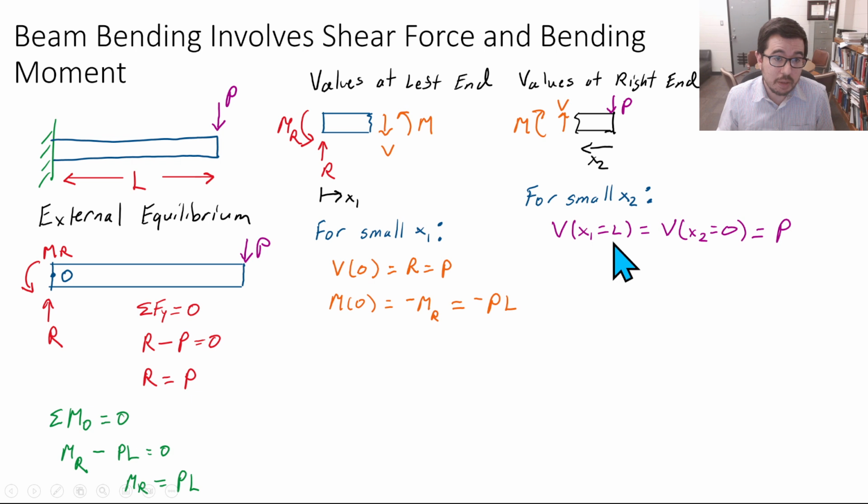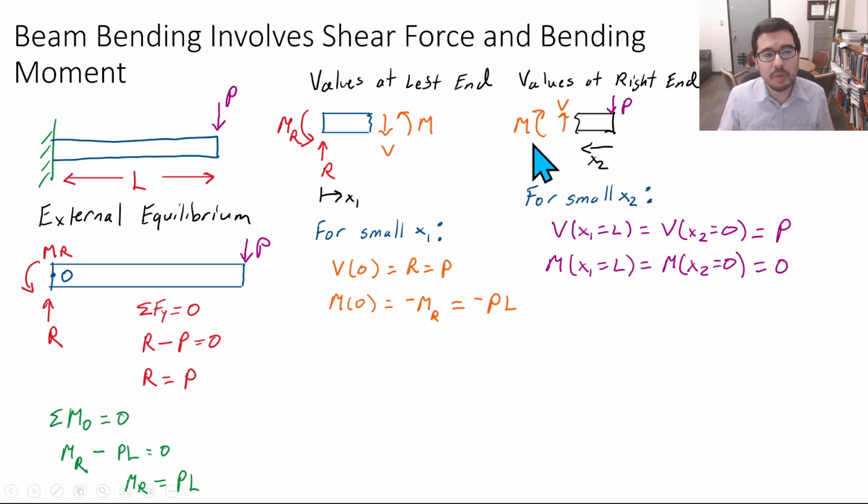So V at the right is equal to P. And just pointing out here that you could think of it as V of x1 if you're using this side, x1 equal L. Or if we're going from the right side, x2 would be equal to 0. Similarly, we can write out an equation for the bending moment, and there is nothing happening here, so M is going to be equal to 0.